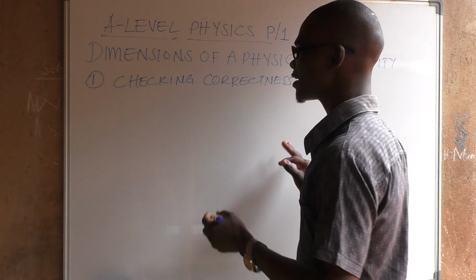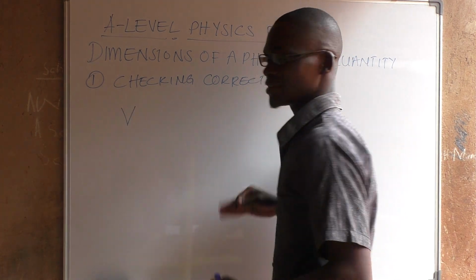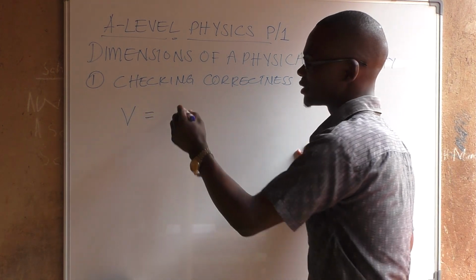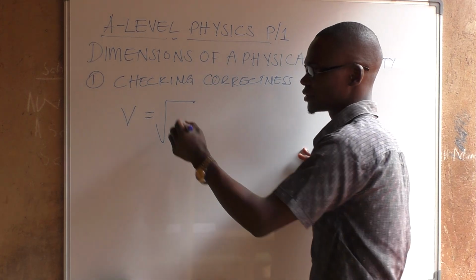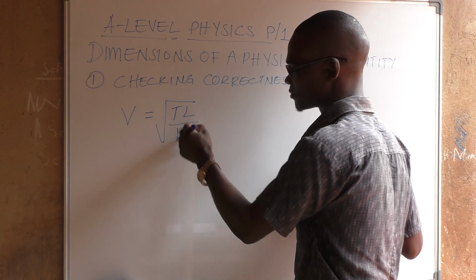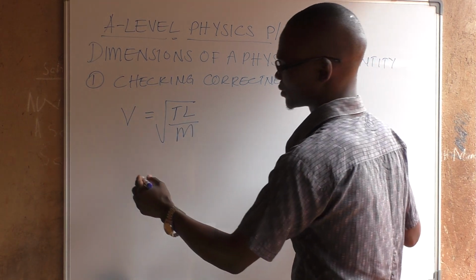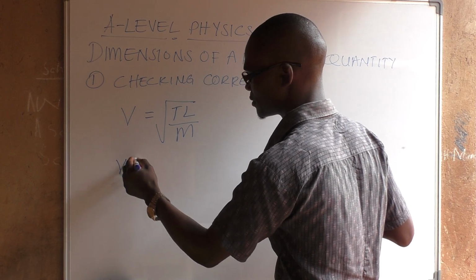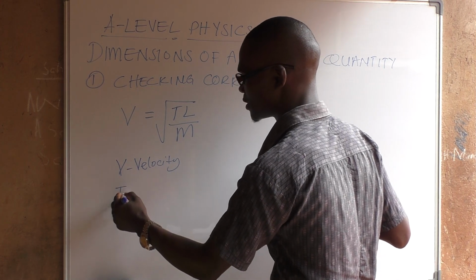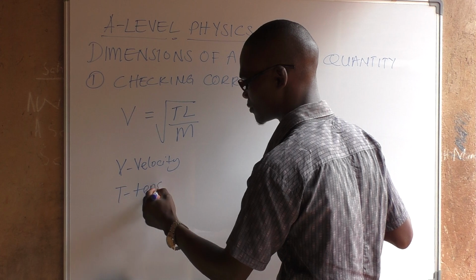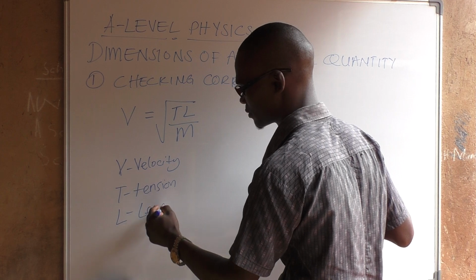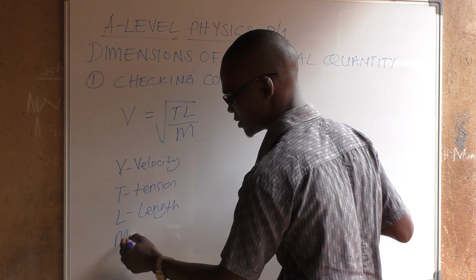For instance, if we are given that the velocity is given by the square root of tension times length over the mass, where V is velocity, T is tension, L is length, and lastly M is mass.